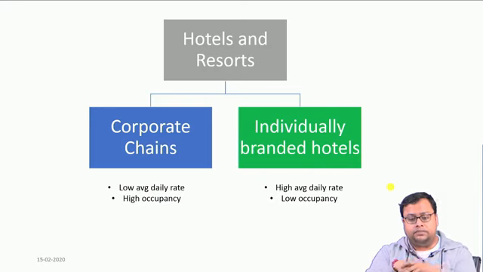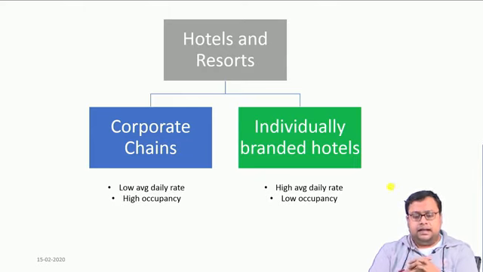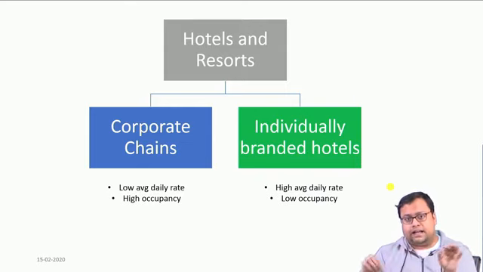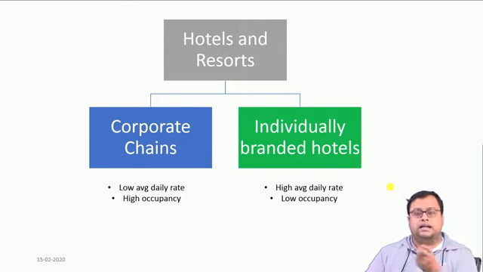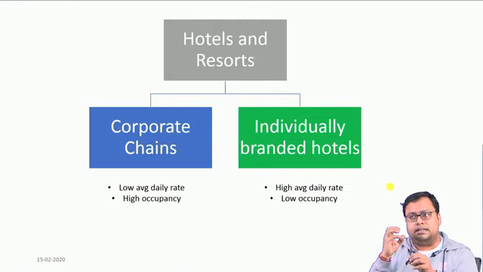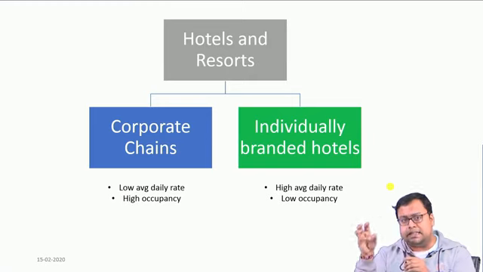Now hotels and resorts, if I just break them into two groups, one is corporate chains and another is individually branded hotels. Corporate chains are, let us say, any particular single brand which has presence in multiple cities, all under the same name.